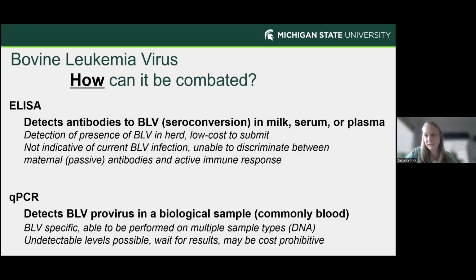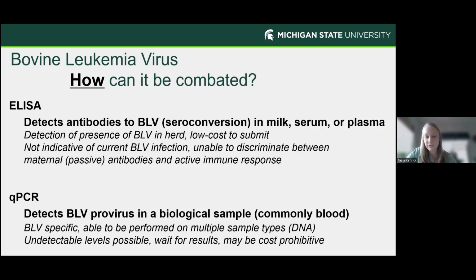It's viral DNA. That PCR detects the DNA of the virus. Typically, we use a blood sample to run that assay. You could use other biological samples, but since the virus lives in B cells, a blood sample is the best sample to use when running PCR.